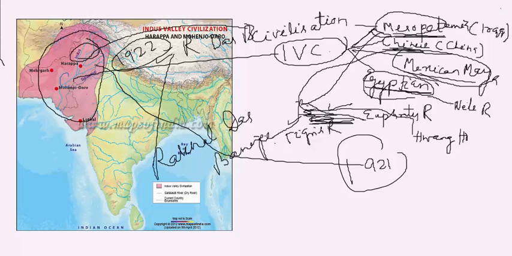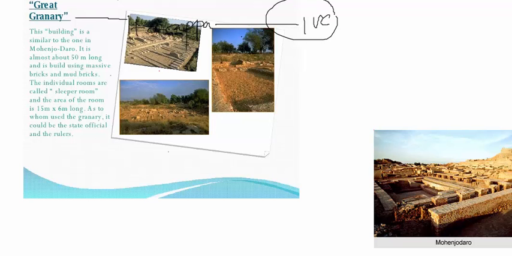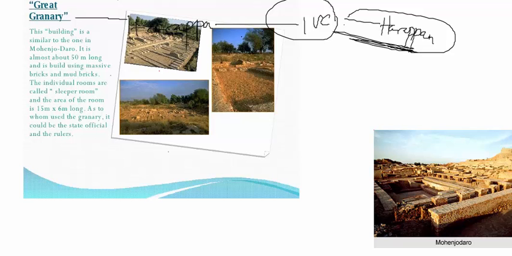Now we are going to focus on Harappa. Before learning about Harappa, we have to know one important thing: Harappa is another name for Indus Valley Civilization. That means IVC is also known as Harappan Civilization. Why is it called Harappan Civilization?